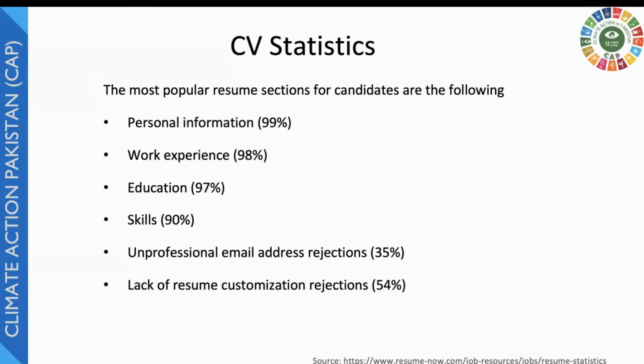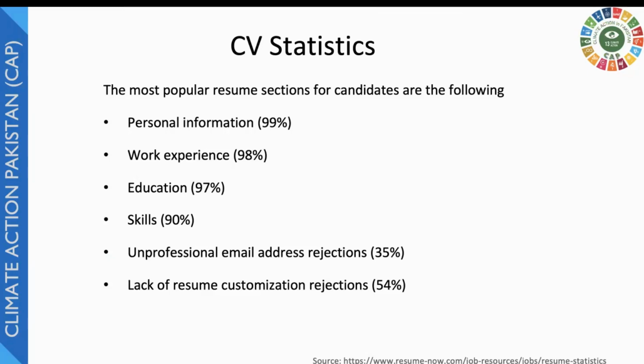And 98% of people see your work experience, which means this portion is very important. It should be in your CV. For education, 97% of recruiters or employers want you to have education in your CV. And 90% of employers want you to add skills in your CV. So these are some resources.